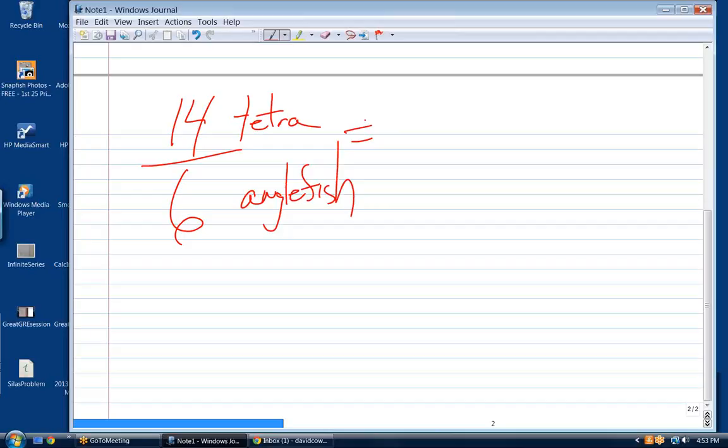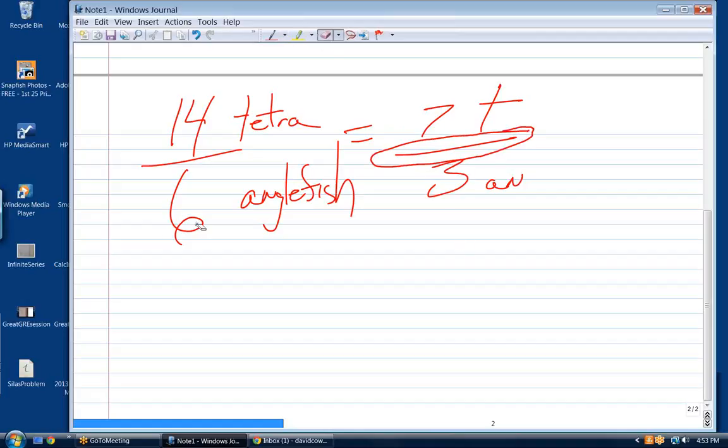So reduce that fraction. We need to simplify it. Yeah. And so you get divided by 2, 7 tetras, and 3 angelfish. So one could say 7 tetras per 3 angelfish. Yeah. In other words, you can substitute per for that horizontal fractional line.